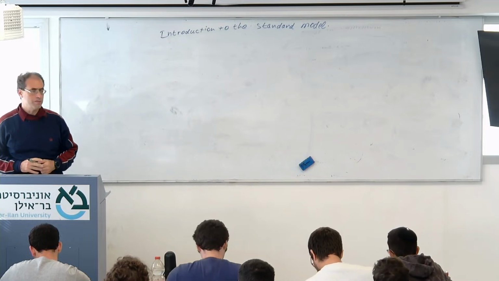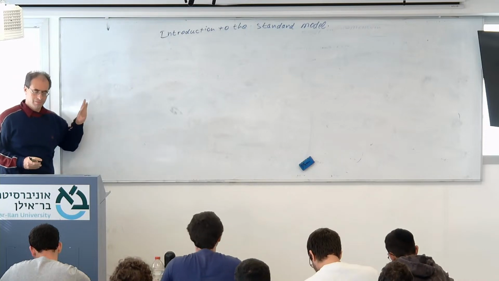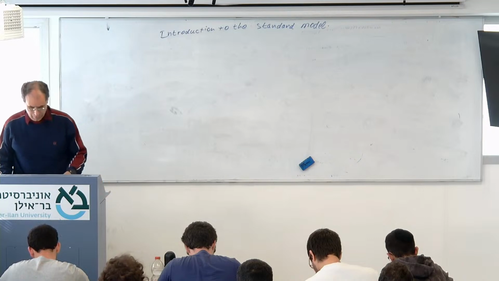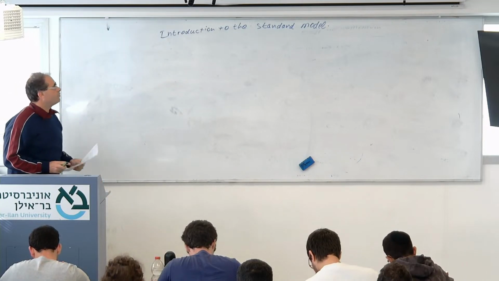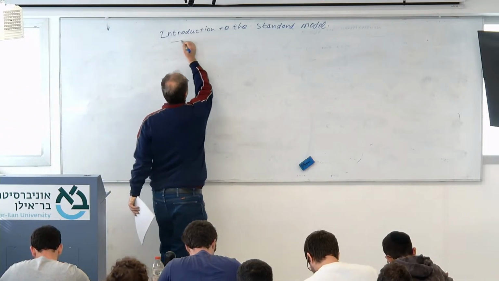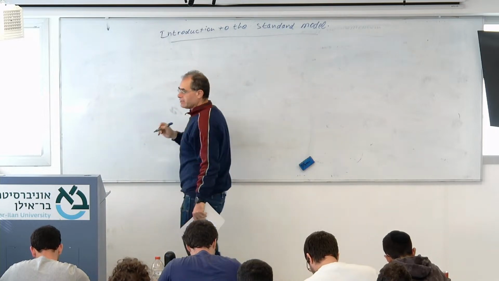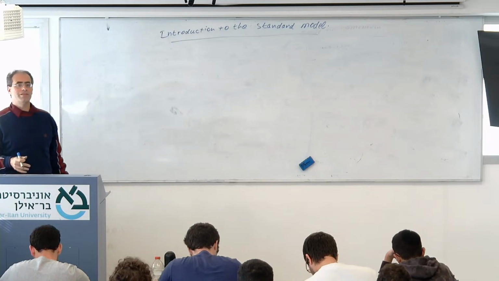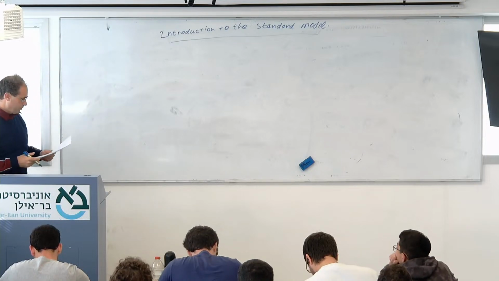Numerous experiments and theories fall into it very beautifully. But before we describe what they are, I would mention a few drawbacks. We know today that the standard model is not the final word in particle physics. We know that there is some physics beyond the standard model.